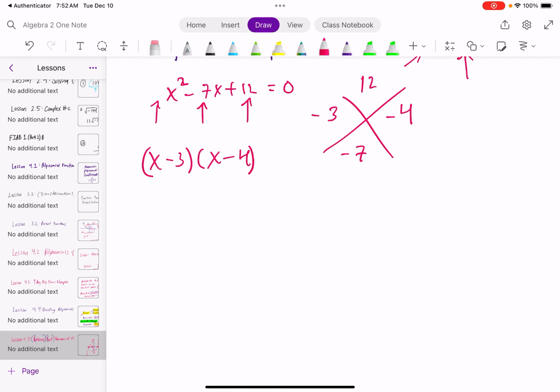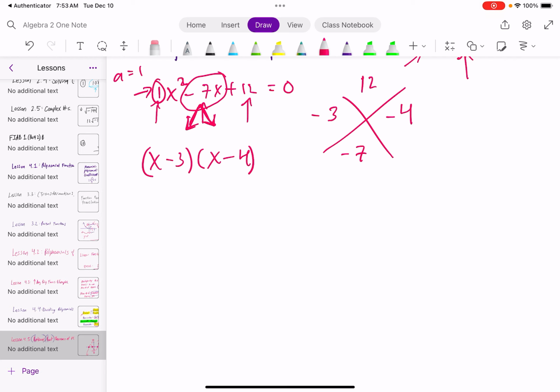We don't have to split the negative 7x into two terms here because the a value is 1. If it was not 1, we would need to split this b value.